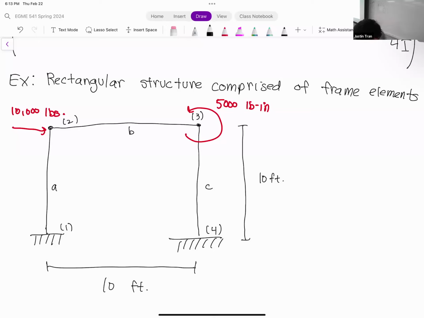We also need the material properties of each of these elements. Let's say that we have a Young's modulus of 30 times 10 to the 6 psi, and a cross-sectional area of 10 inches square. These two properties are going to be applied to all three elements.